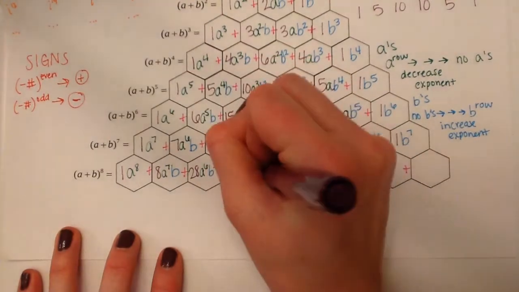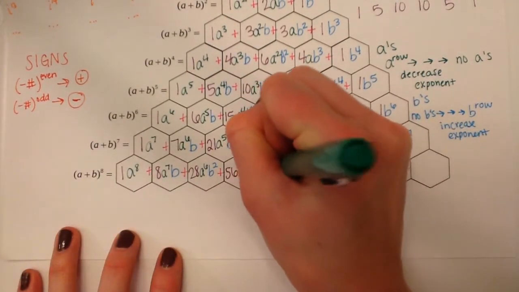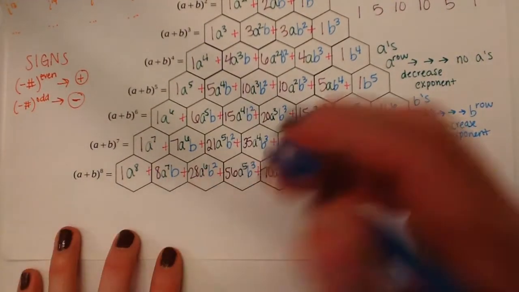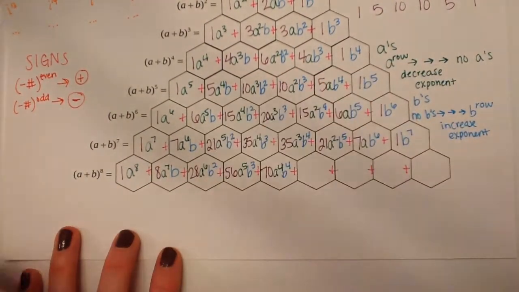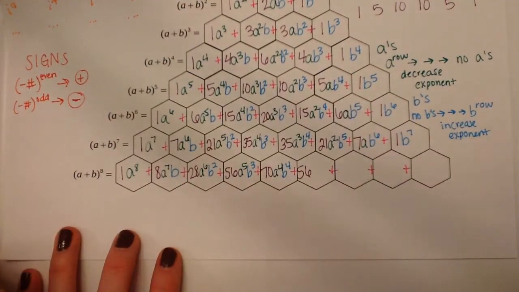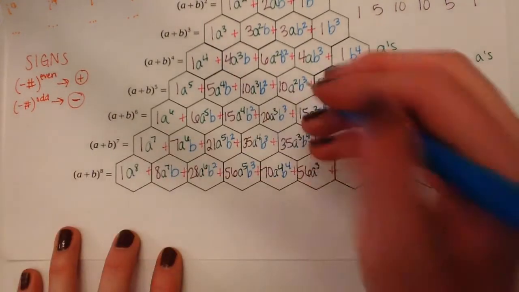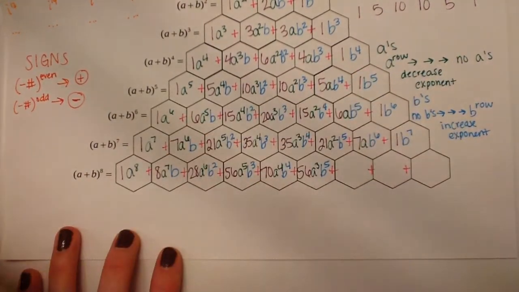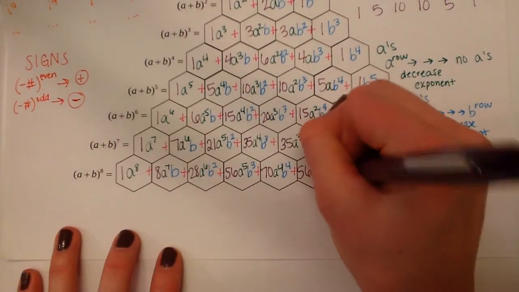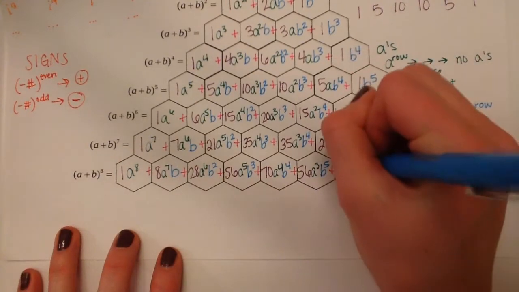Then we're going plus 70. A's we're going down one to a to the 4th. B's we're going up one to b to the 4th. Plus 56. A's we're going down, so a to the 3rd. The b's we're going up, so b to the 5th. Plus 28. A you're going down, so a squared. B you're going up, so b to the 6th.